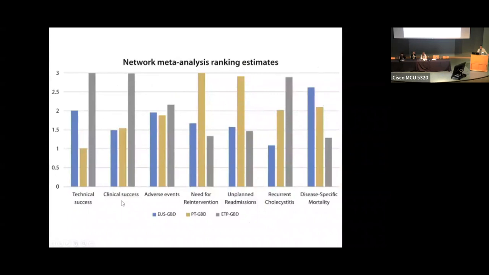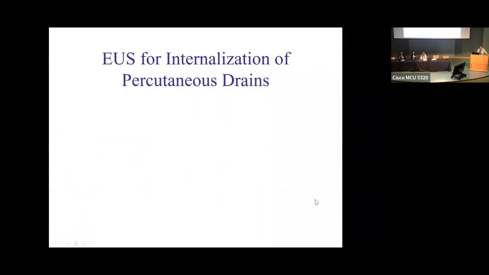Clinical success, you can see here adverse events were similar. Need for reintervention was, not surprisingly, highest in the percutaneous group, as well as unplanned readmissions. Recurrent cholecystitis was high in the transpapillary group.